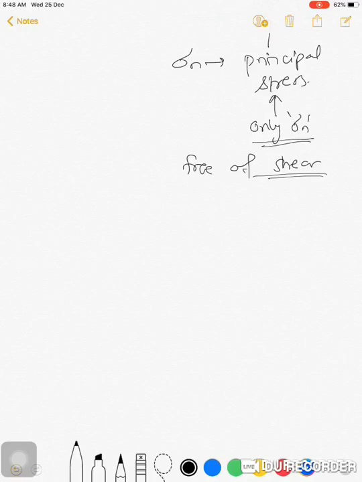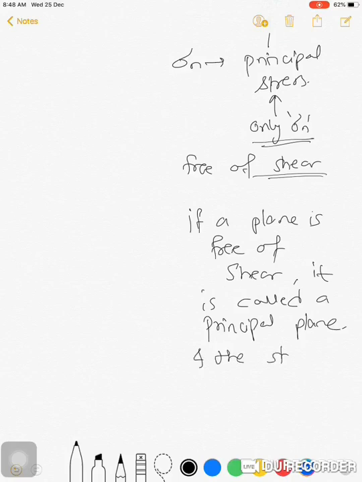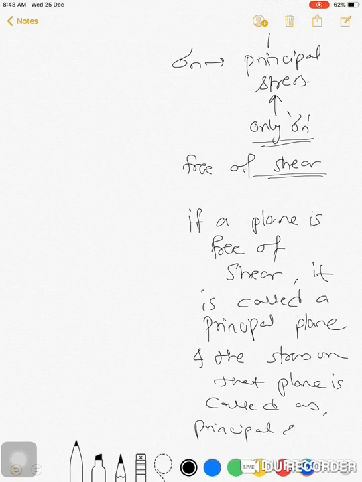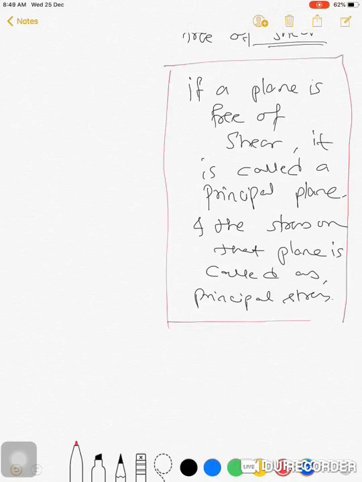So if a plane is free of shear, it is called a principal plane, and the stress on that plane is called as principal stress. Okay, so this is simple. This was just a definition of principal stress.